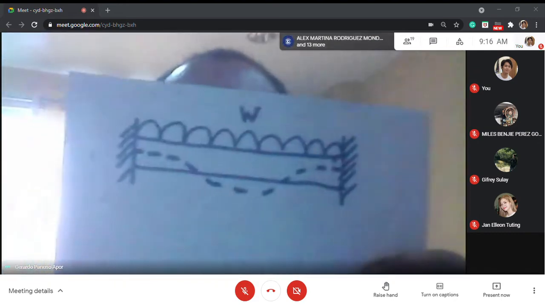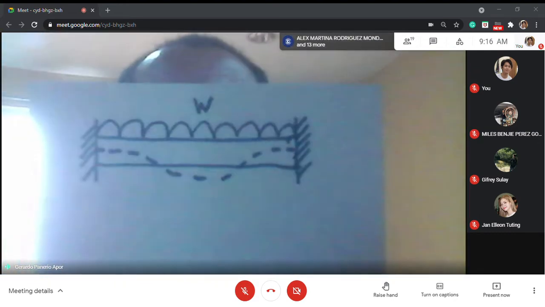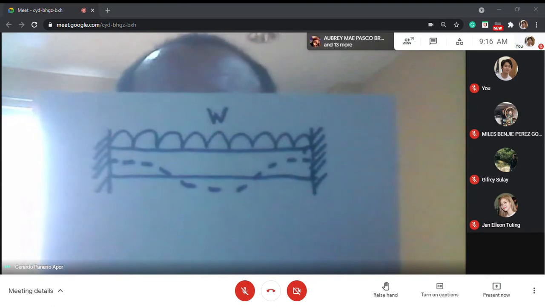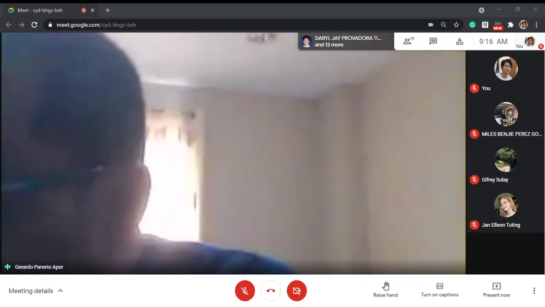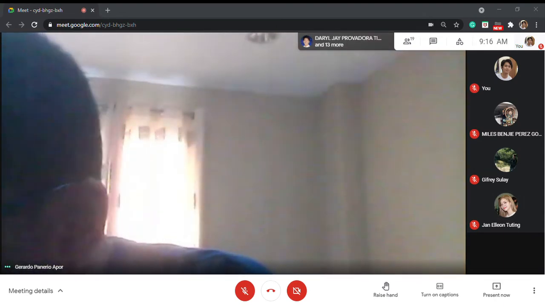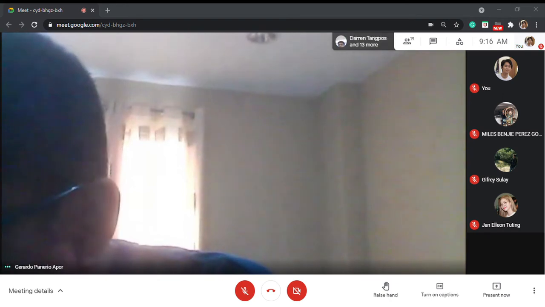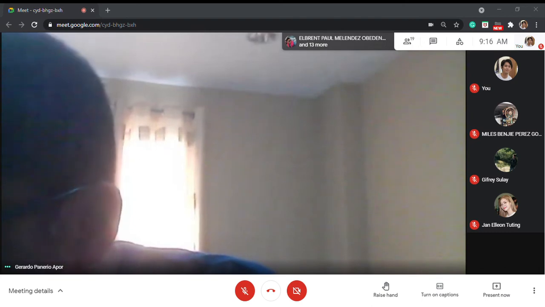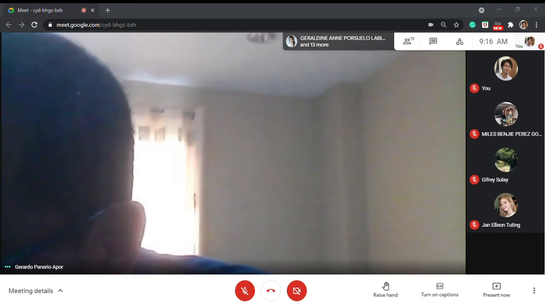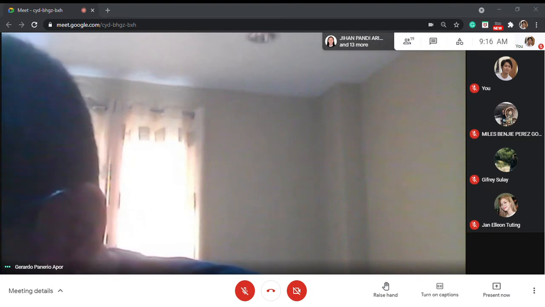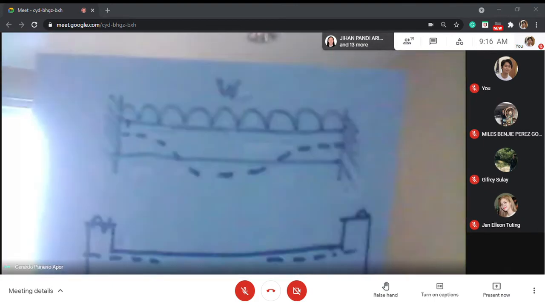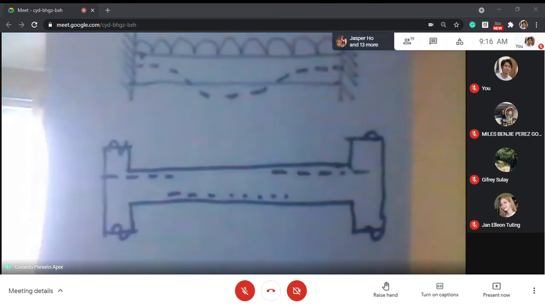Okay. You can see the deflected structure. If I'm going to put a reinforcement on this kind of beam, I put the reinforcement here.